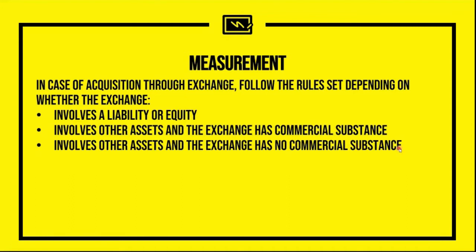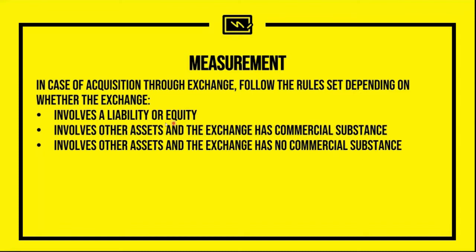Okay? We will discuss in detail when we are already in property, plant, and equipment what it means by commercial substance. But generally, there is commercial substance if the characteristic of the asset you received and the characteristic of the asset you gave up are different. Okay? So that's basically what it means.